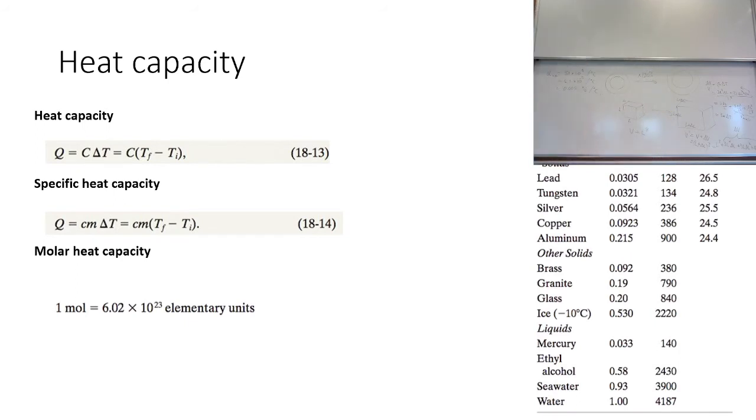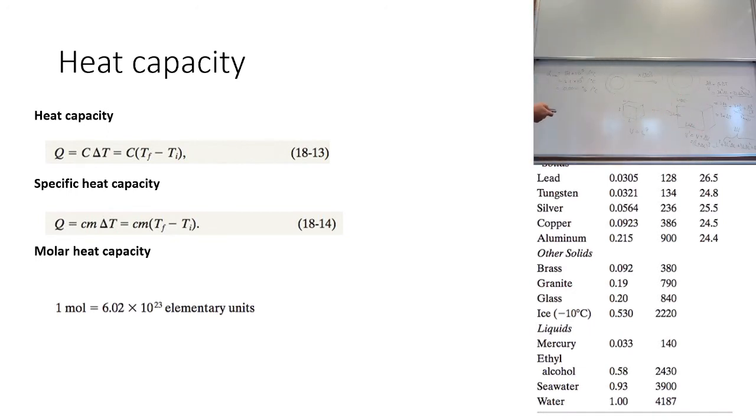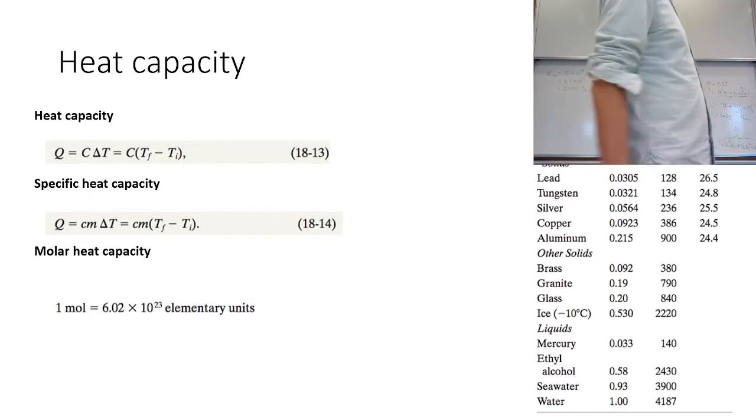So there's a way to relate the amount of heat associated with a particular temperature change. This is the heat capacity. And again, this is a pretty straightforward formula. You can basically deduce it just from the units, right? There's a few variations on the same idea. You can talk about the heat capacity of a particular object. This is not a material, but maybe, okay, here's my table.